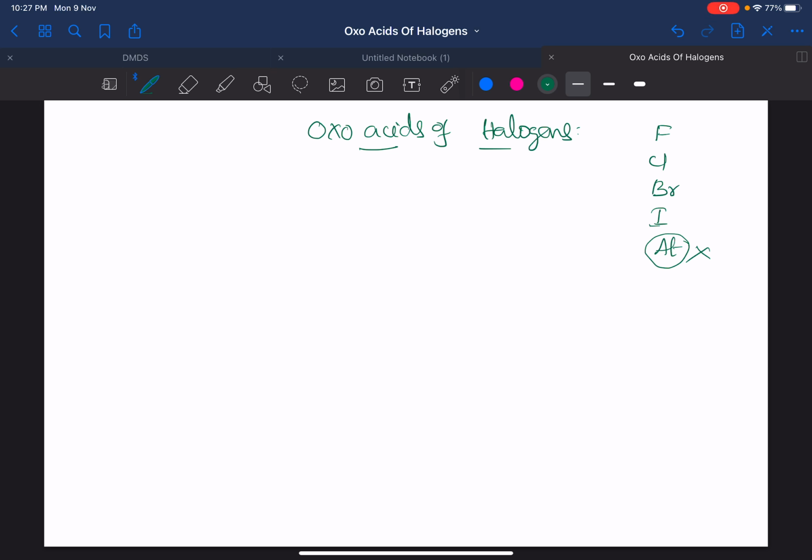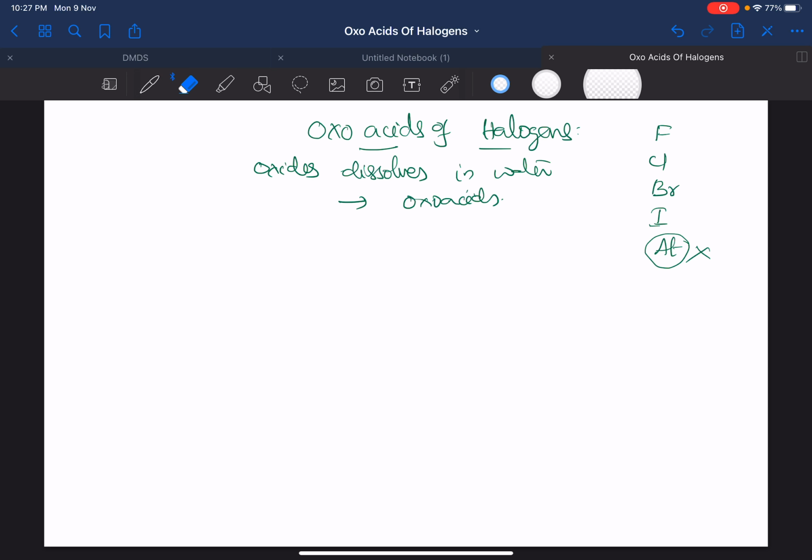So what are oxo acids? When the oxides of these halogen atoms dissolve in water, they give the oxo acids. What are the main oxo acids of halogens, what are their structures, and what is the hybridization involved in them? Number one, the main oxo acids.